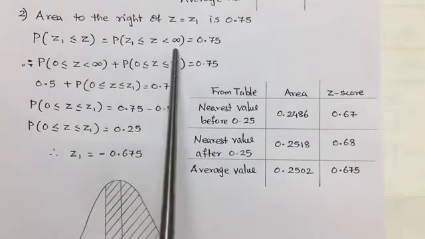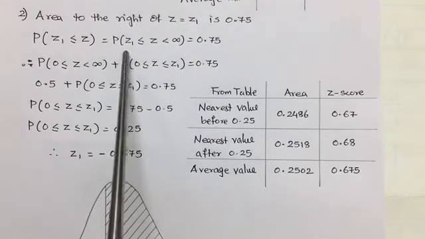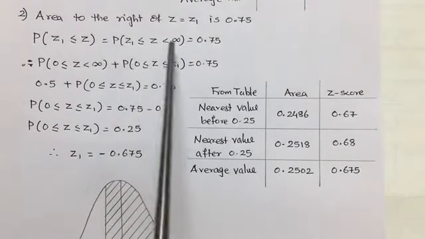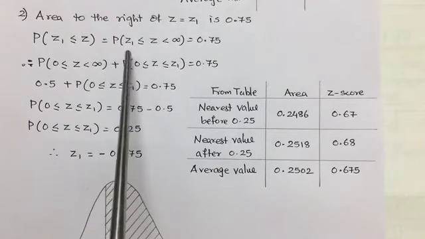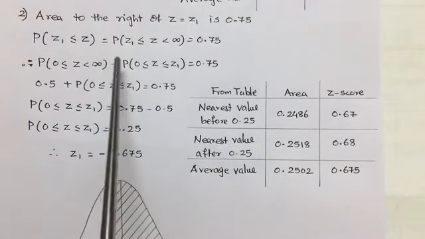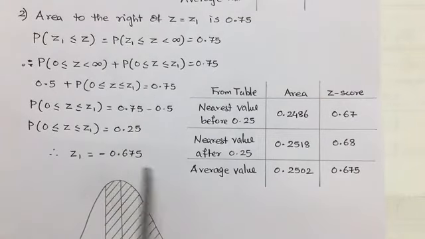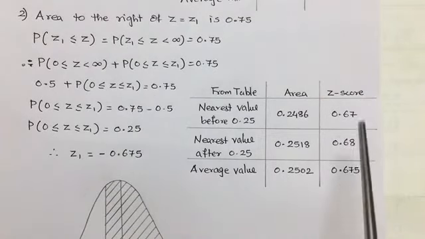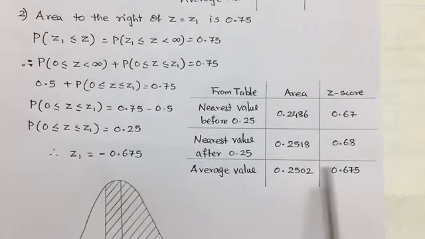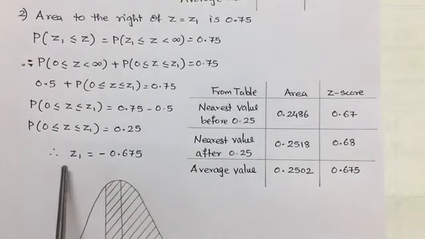So if infinity is positive, Z1 has to be negative. Different signs are needed for adding the probabilities. So whatever value we got from the average, that is 0.675, will be negative. So Z1 is minus 0.675.